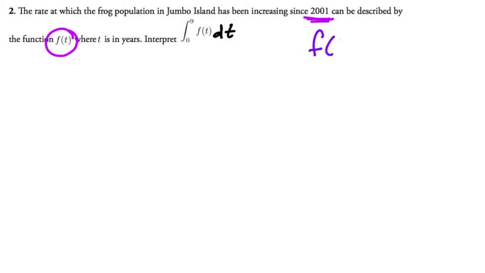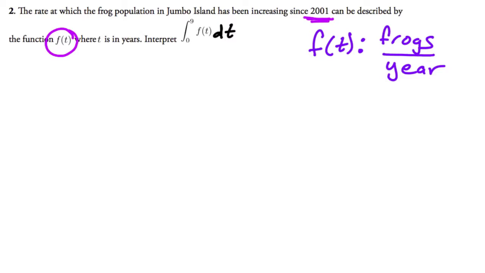Again, really important to write down the units. This function is the rate, and t is in years. Since it's the rate at which the frog population is increasing, this would be frogs per year.